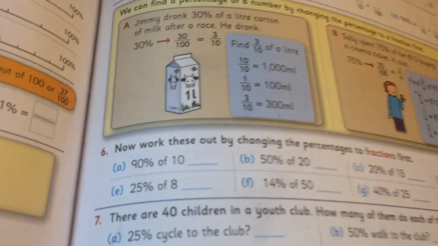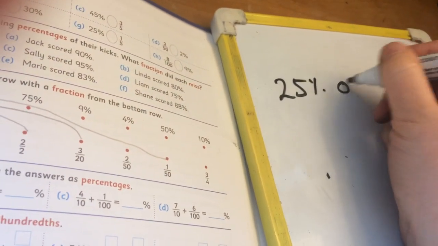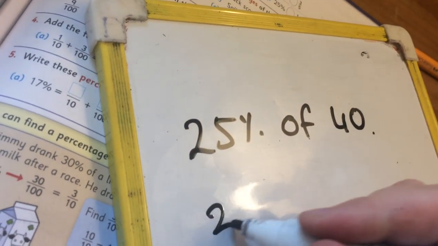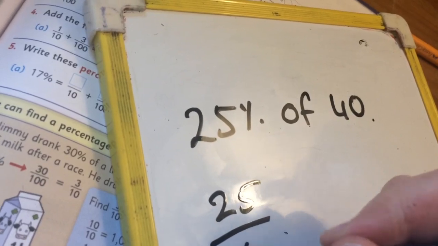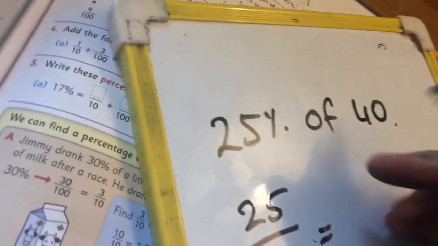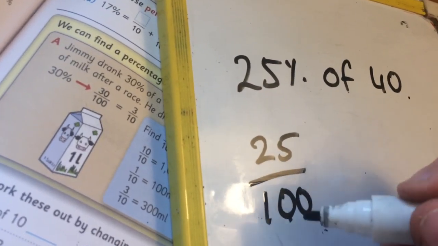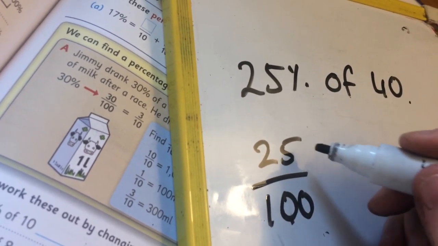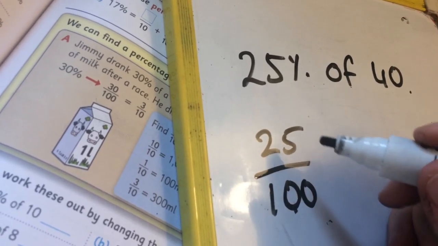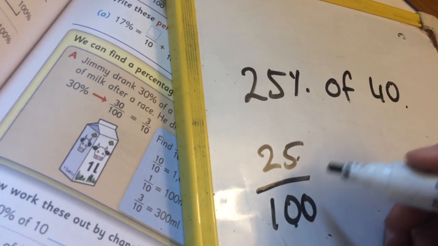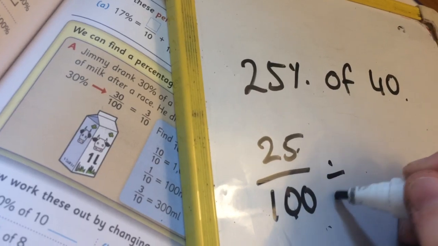It's always very useful to write down your sum: 25% of 40. Okay, so let's work out our fraction first. 25%, which is over 100. Let's simplify it down. What goes into 25 and 100 the same? 25 actually goes into 100, so we're going to divide by 25.